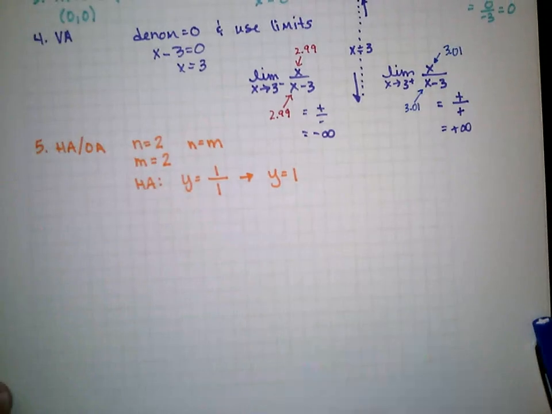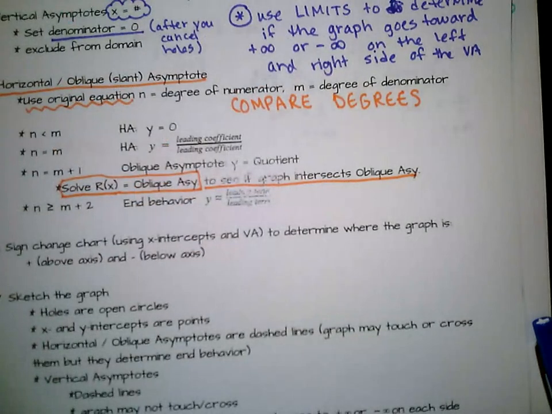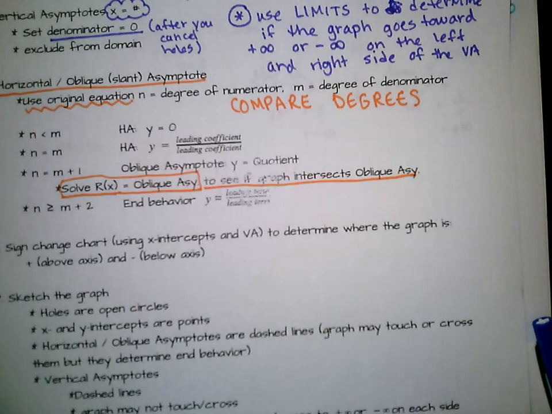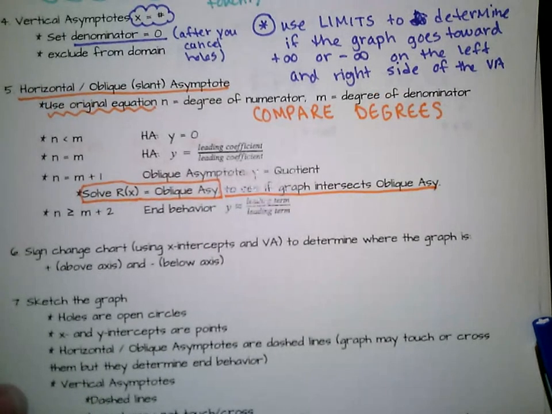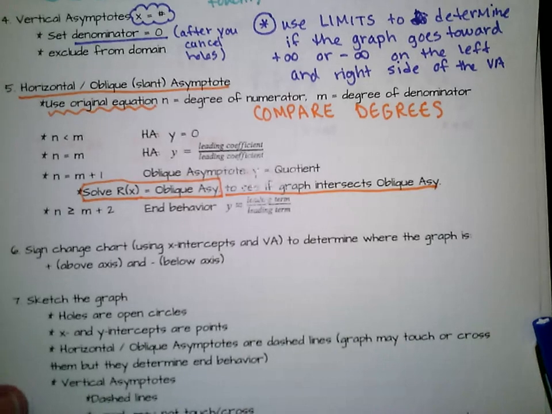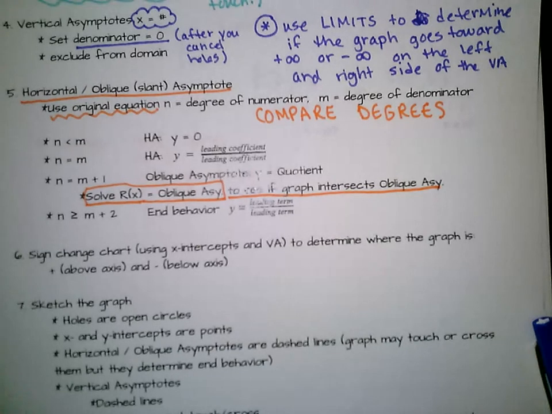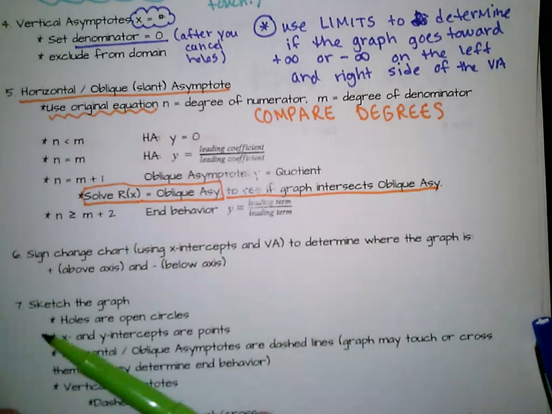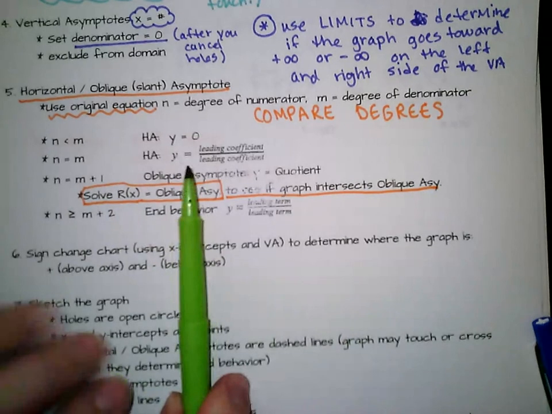So let's see, what's next on here? Sign change chart. With a rational function, the graph can only cross the x-axis at certain locations. It's allowed to cross the x-axis where there is an x-intercept, like all functions are. It's also allowed to be below the x-axis, then at a vertical asymptote, be above on the next side of it.